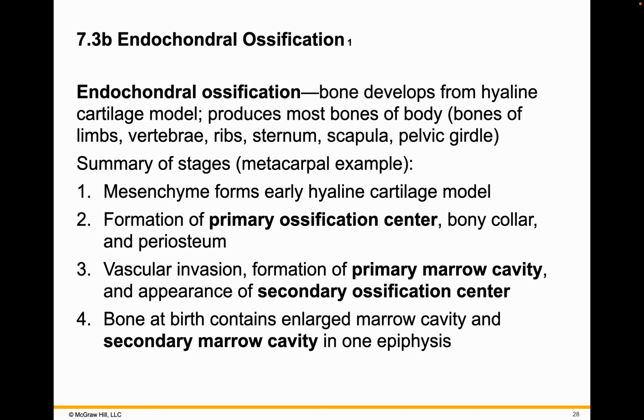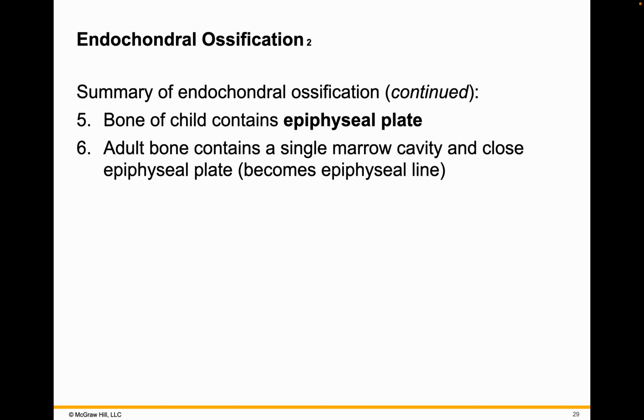Bone at birth contains an enlarged marrow cavity and secondary marrow cavity in the epiphyses. Bone of a child will contain an epiphyseal plate, a growth plate, and the adult bone will have a single marrow cavity, and the epiphyseal plate will close and become the epiphyseal line.